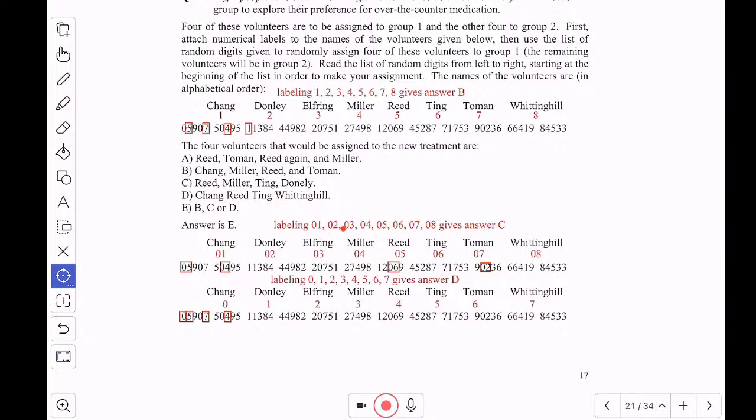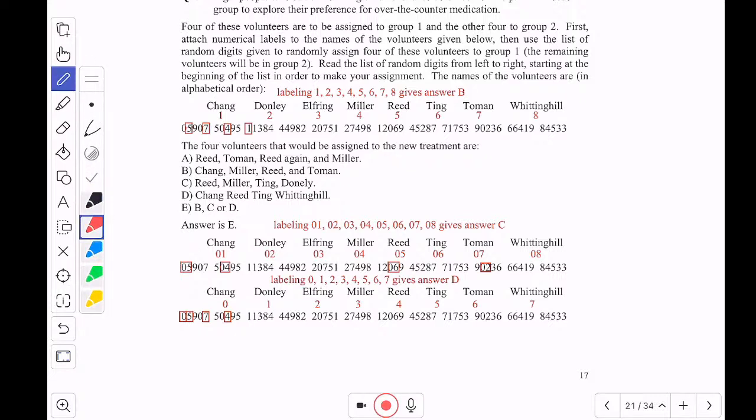What if I labeled them like this? This is not wrong. As long as the labels are equal length, I will, however, get a different result, right? The answer turns out to be C, which is different from B. So also, if I label them starting with 0, which is also permissible, I label them with 0 through 7, I get a different answer still.